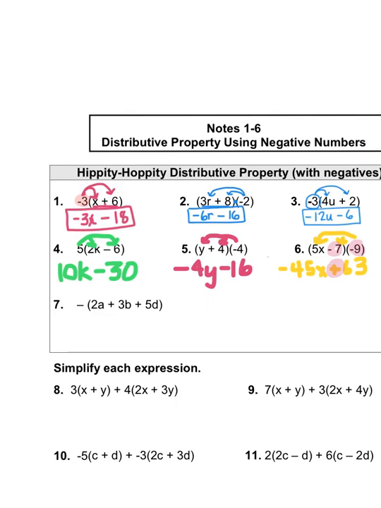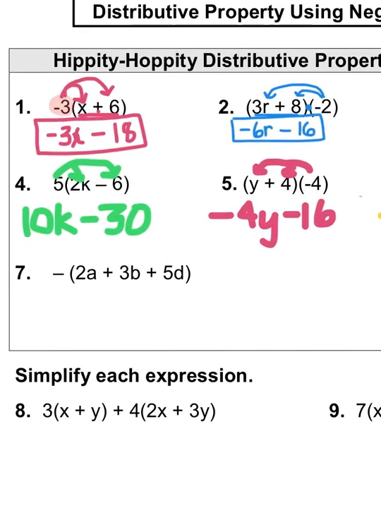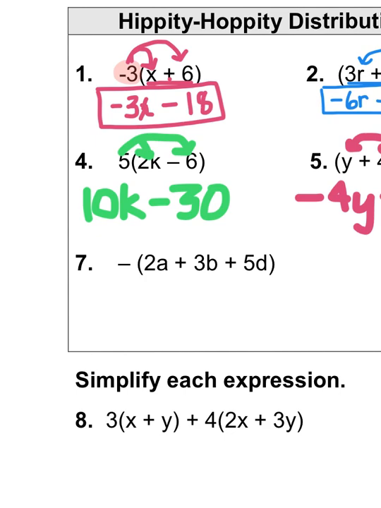Let's look closely at number 7. On number 7 we have a negative. This is also understood as a -1. We must distribute that negative to each term because it's saying the opposite of each term.